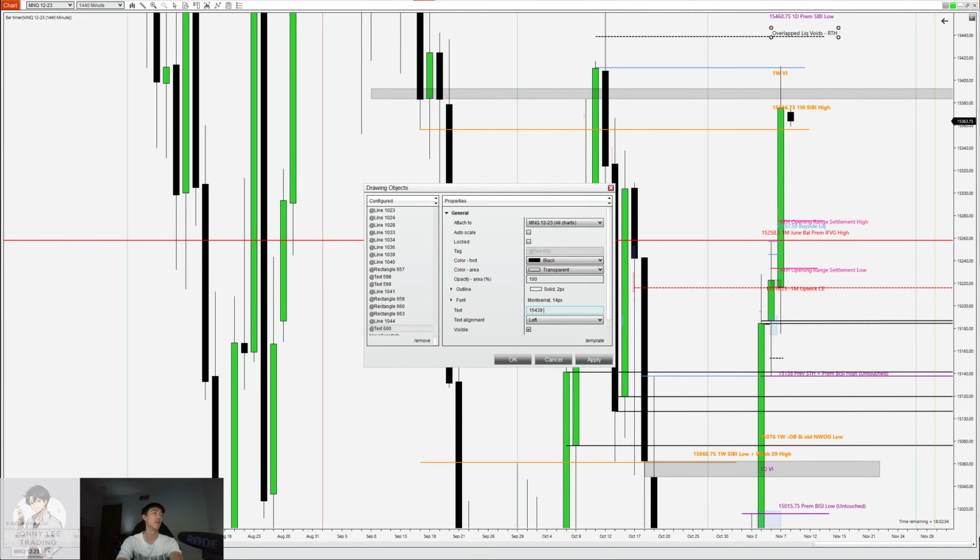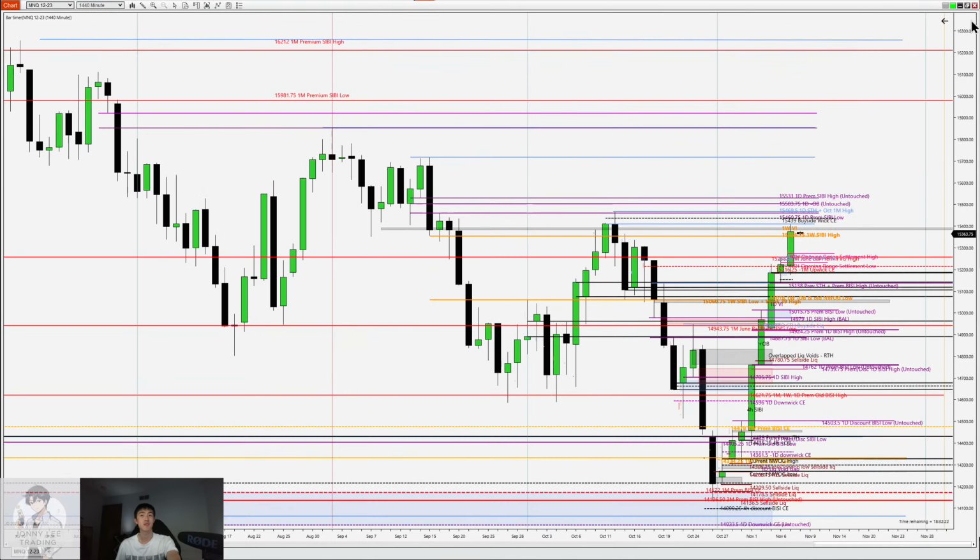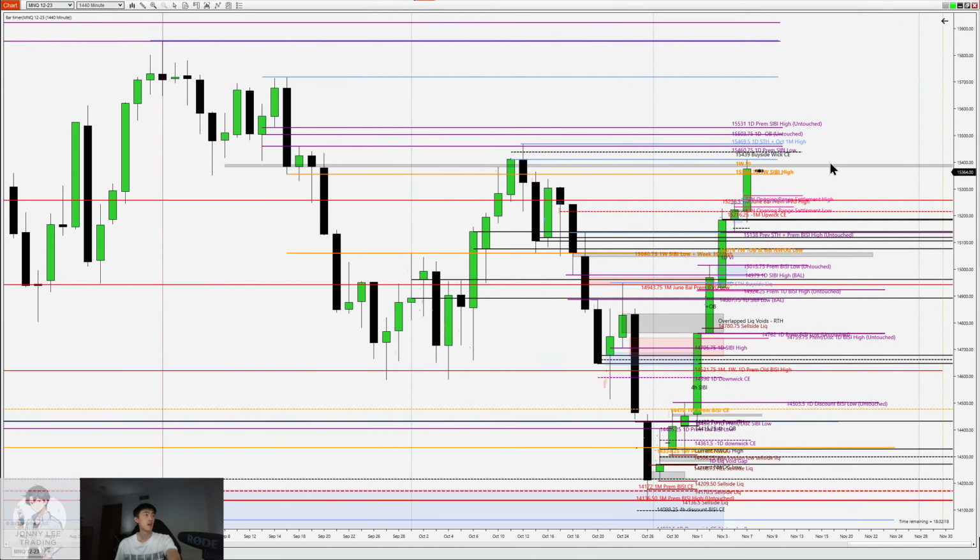We can call it buy side wick consequent encroachment. All right. Outside of that, those are what I'm looking for on the upside. We still see that this area is untouched, so we have those marked out for tomorrow.